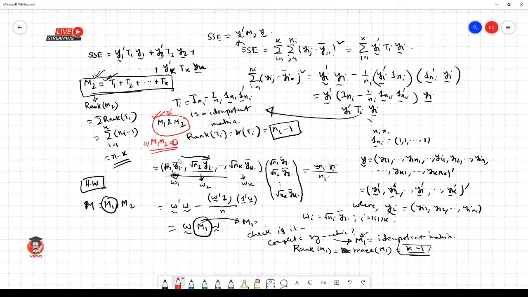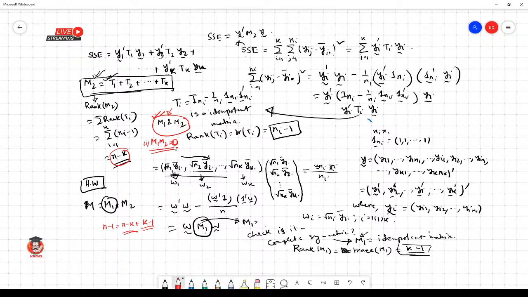You see that here n minus 1 equals n minus k plus k minus 1, where n minus k is the rank of M2 and the rank of M1 is k minus 1. If you prove this, then you say that M1 and M2 are both idempotent and M1 M2 equals 0.